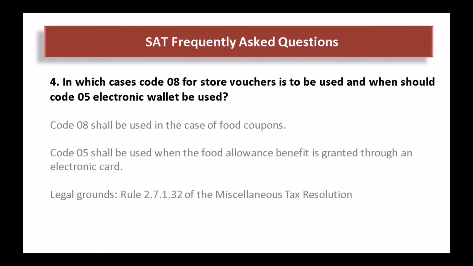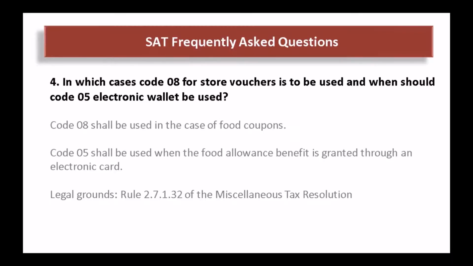If we look back to the catalog, we will see that Code 05 is electronic wallet and Code 08 is food coupons. So right now the authority is telling us that Code 8 shall be used in case of paper food coupons.